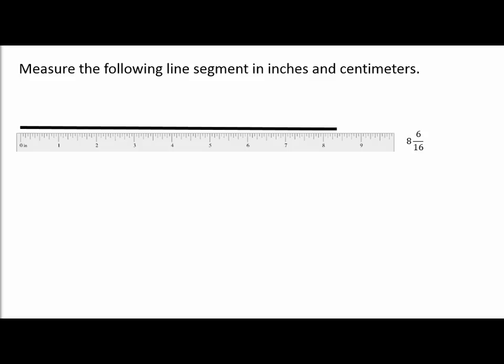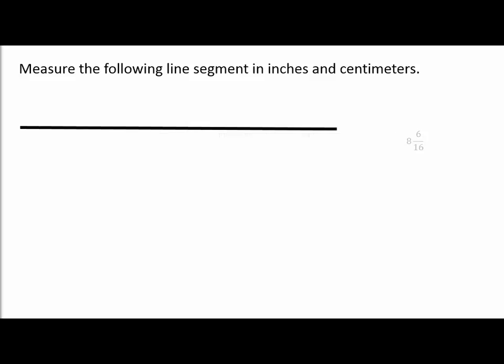Between the 8 and the 9, there's 16 spaces, and I counted 6 of them, so that's why I wrote 6 over 16. I know some of you know how to simplify fractions. If you simplify, go ahead. If you don't simplify, 6 over 16 is okay. So that's how we do it: 8 and a little bit.